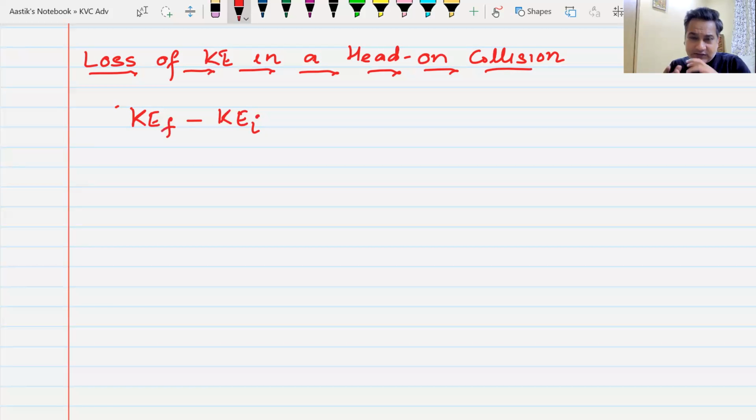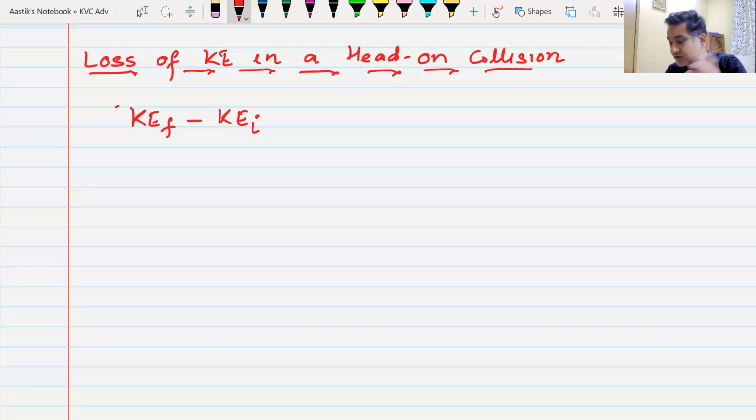In that case, some internal energies of the bodies get released. That only happens when we are bombarding a nucleus with other particles. So the energy inside the nucleus may get released. That is in nuclear physics. We don't have to worry about that.